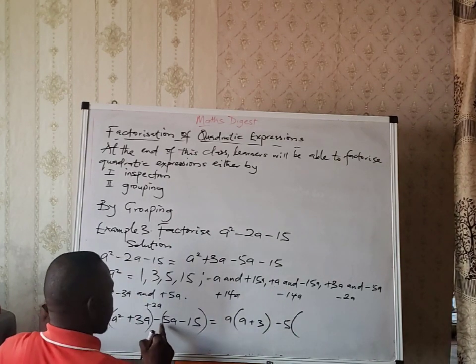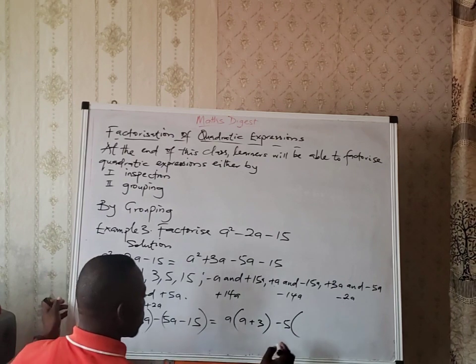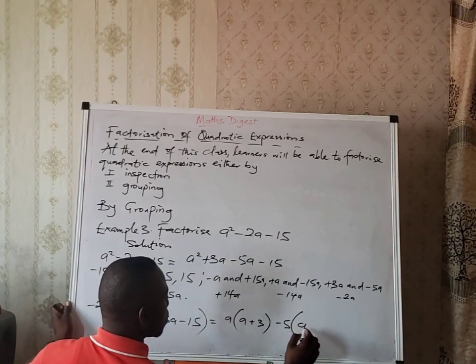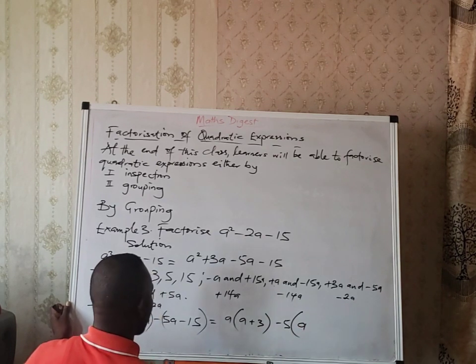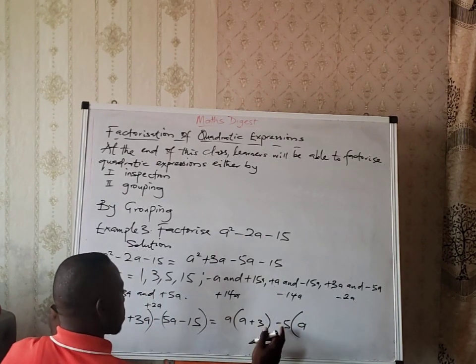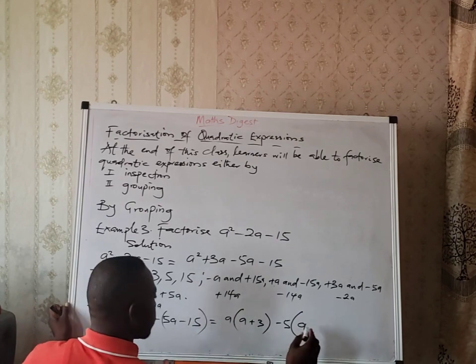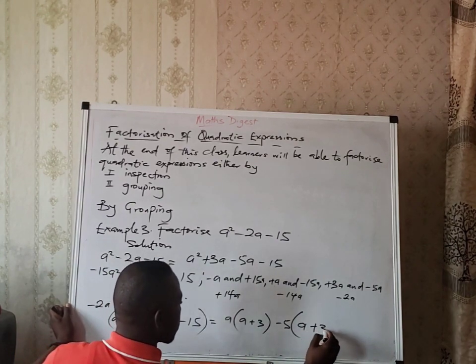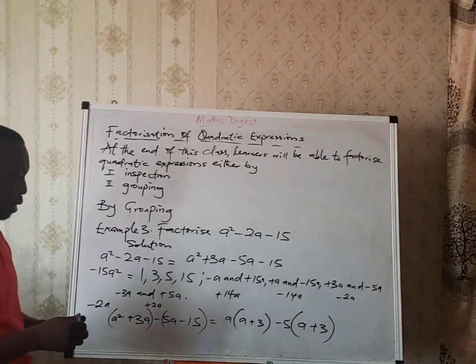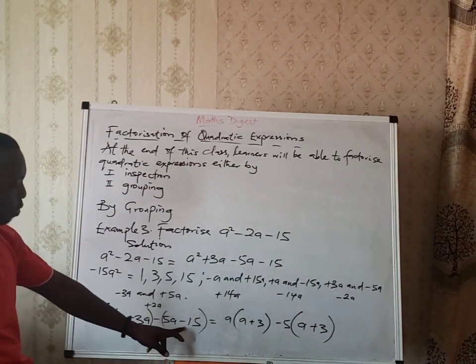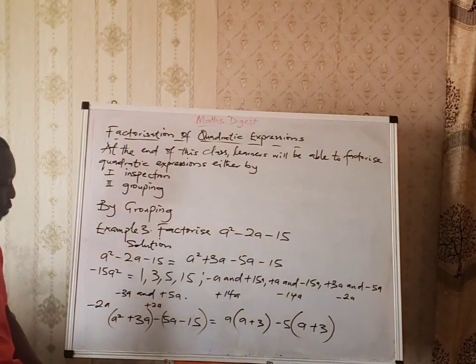Now 5 into this will give you a. It will only remain a, since the 5 cancels out itself. Now minus 5 divided into this, we have plus 3. Remember, if we have minus minus, whether in division or multiplication, it will be positive.